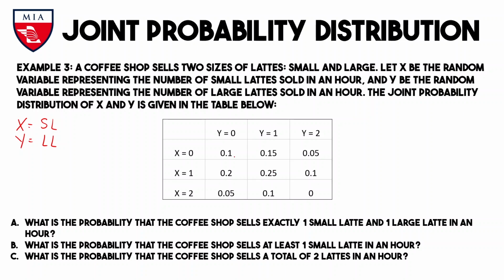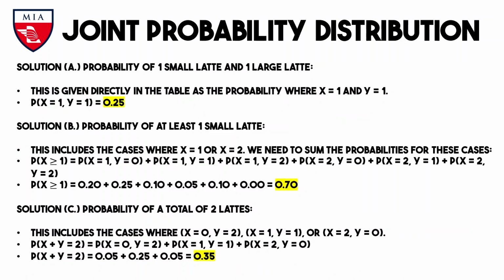Here is the x equals 1 row, and we find the intersection with y equals 1, which is 0.25, because 0.25 is in row x equals 1 and column y equals 1. Therefore, the probability of one small latte and one large latte is 0.25.